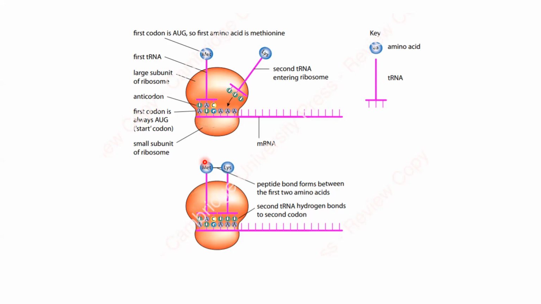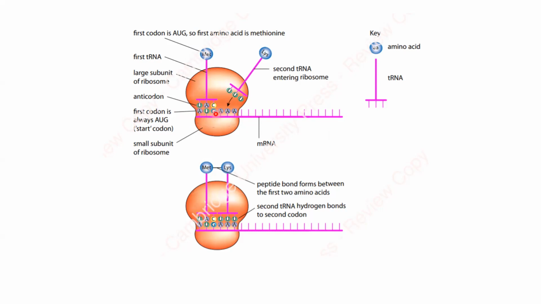Just one thing you need to know over here, the start codon, like I said, on the mRNA. We had a start codon for RNA polymerase. That start codon obviously needs to be transcribed, and then it will be translated as well. That start codon is always AUG, which is for methionine. So you need to know this. I'm saying start codon, which means it's going to be on the mRNA, right? So the opposite of it will be on the tRNA. You don't need to remember the tRNA anticodon for methionine.